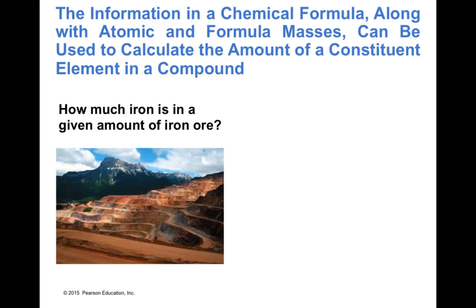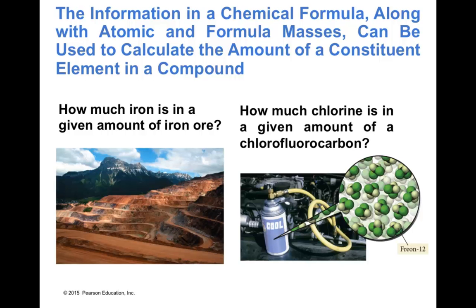So for example, how much iron is in a given amount of iron ore, or how much chlorine is in a given amount of a chlorofluorocarbon. These questions could be answered by having all this information: the chemical formula and the atomic and formula masses. With that information, we can calculate and look for the answer to these questions.